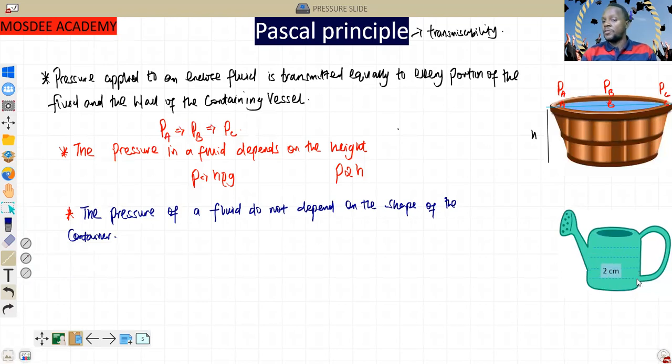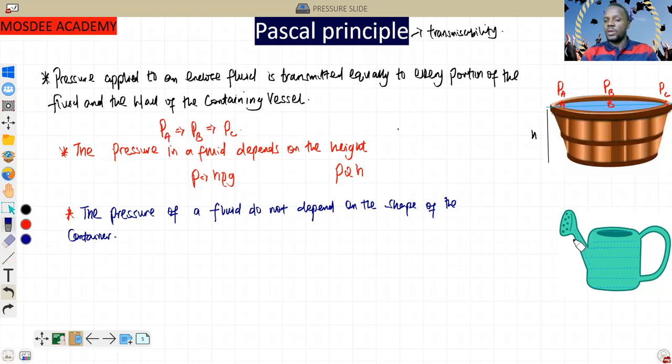You can see the shape of the first container is not the same as the shape of this now. Just trying to show some illustration for understanding's sake. So let's say this is filled with liquid. The liquid is here. Now, we are taking a particular point as discussed inside that layer.